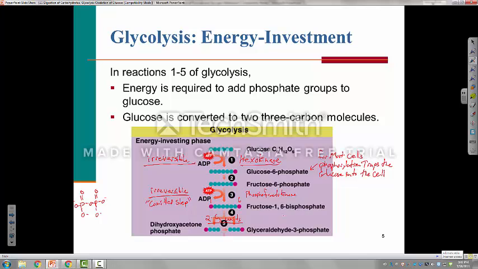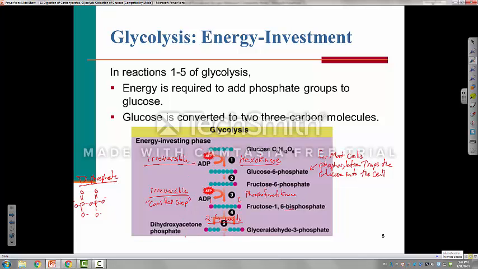That was an acid anhydride bond. This is a diphosphate. And to distinguish a diphosphate, which has this anhydride bond, from simply a molecule that has two phosphates on it, we use the word bis. So bis means two. So that's the energy investing stage. You notice we use 2 ATP. Glucose comes in.